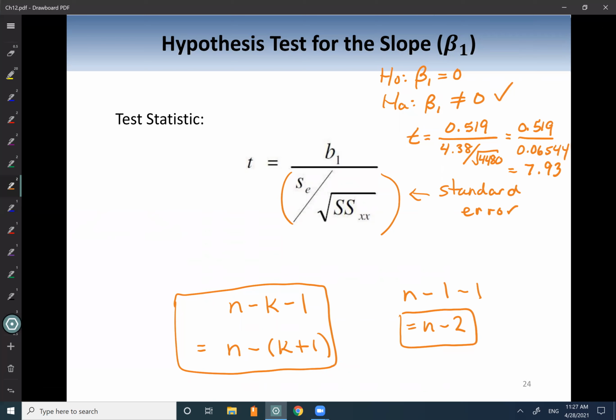We were using time spent to predict the online sales. It is statistically significantly associated with the online sales because we rejected the null hypothesis. So that means that the predictor variable x is statistically significant in predicting online sales.